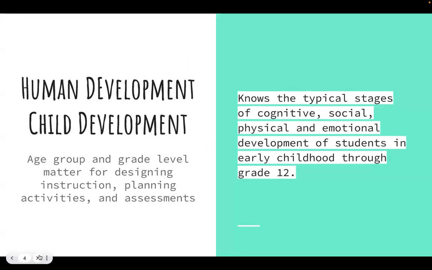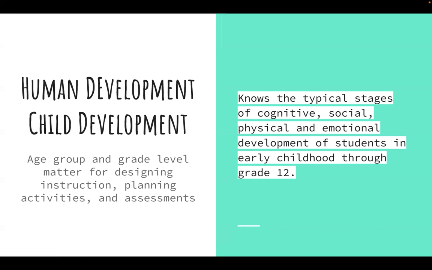So, element of human development, child development: age group and grade level matter for designing instruction, for planning activities, for planning assessments. We plan different instruction for kindergartners, different activities, different assessments for kindergartners than we do for 8th graders or for 12th graders or for 4th graders.